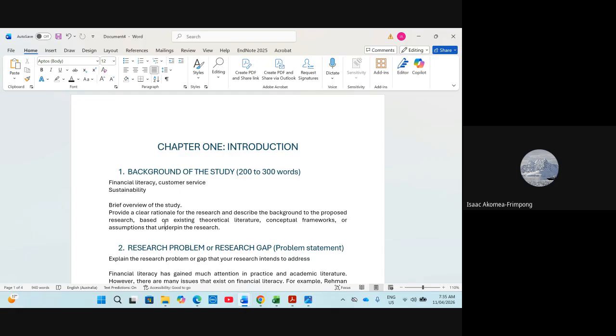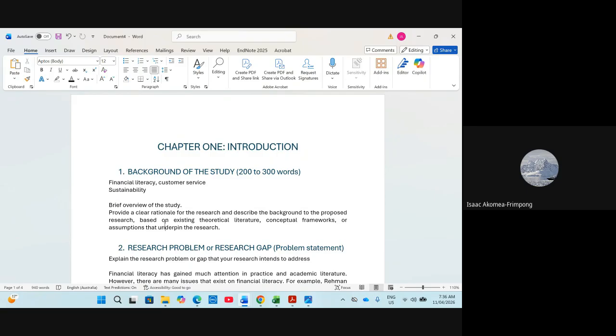Or let me say, what about if these quantity surveyors were sampled from different construction firms in Ghana? At the end of the day, that means they are representing the construction firms. Even though, yes, their position is different, quantity surveyors are not the same as architects and others, somebody can argue that.